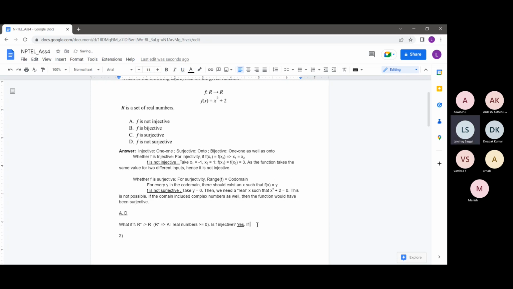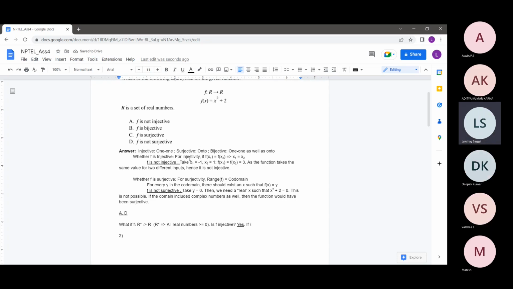So for injectivity we need to prove that if f of x1 equals f of x2, then x1 equals x2, right? So here let's take x1 and x2 such that f of x1 is equal to f of x2.